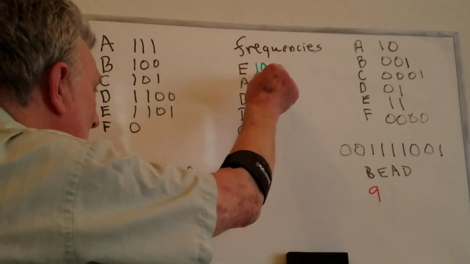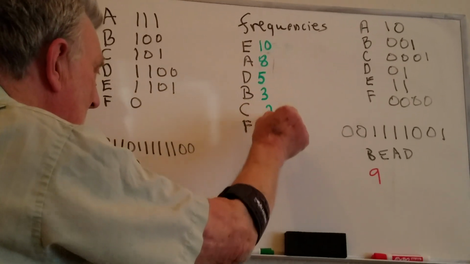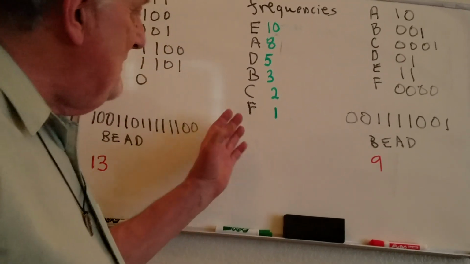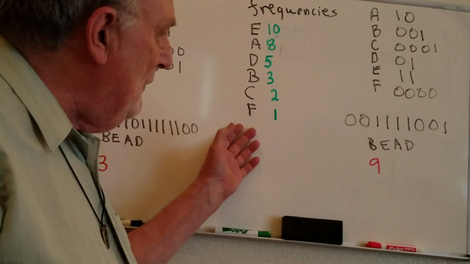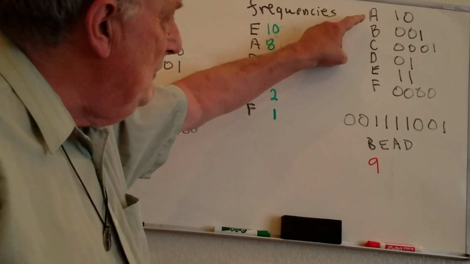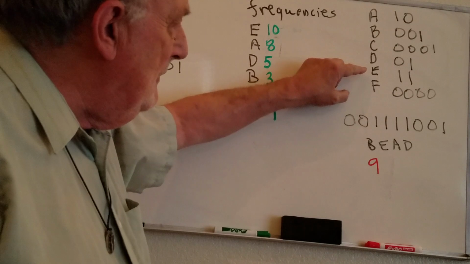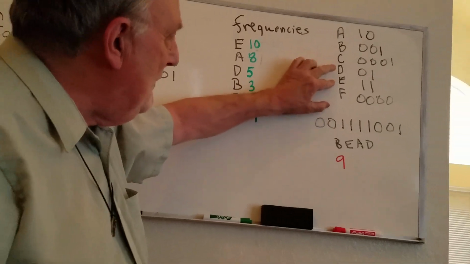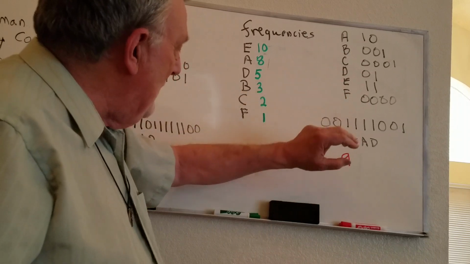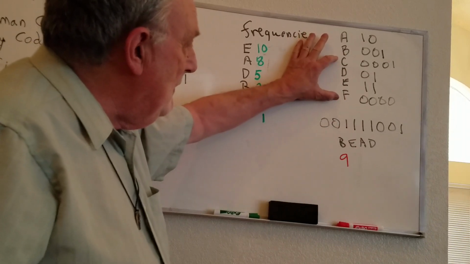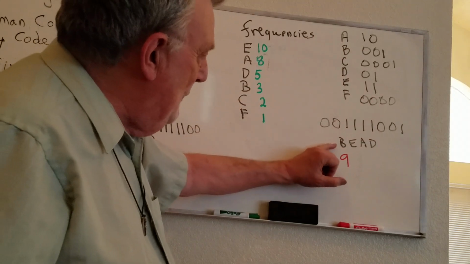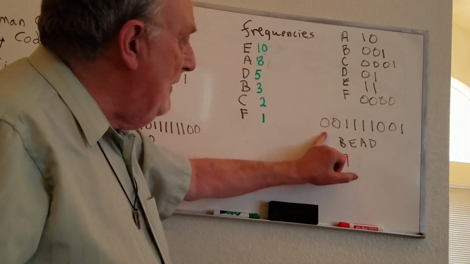E is the most frequent, then A, D, B, C, F. And we can design a code that is more efficient for that frequency. Here is one such code. Notice that the most common letters have the smallest strings, while the least common letters, C and F, have the largest code strings. And now when we code the word bead, it has length only 9.